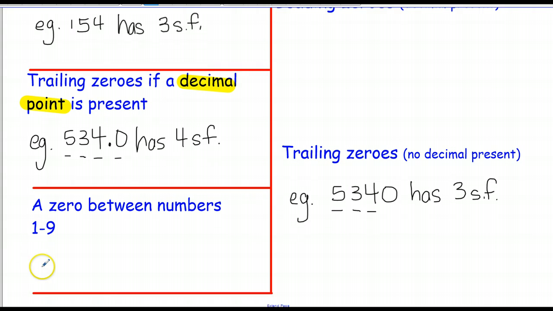So I'll give you an example so you can see what I'm talking about. If we had 1,037, okay, the 1, the 3, and the 7, that's rule number 1, right? Any number between 1 and 9 counts, so those are all significant. And this is telling us that a 0 that occurs between any of those numbers is also significant. So we have a total of 4.